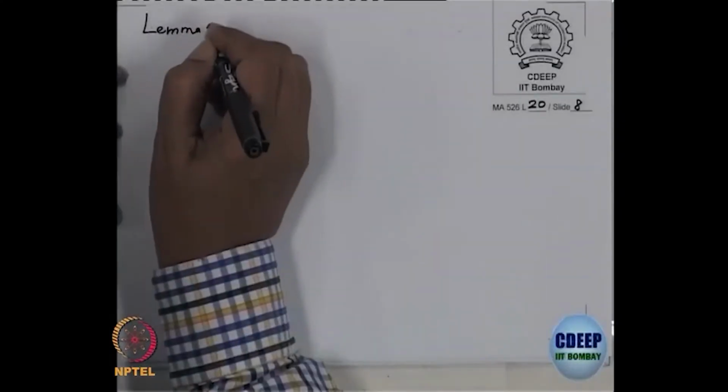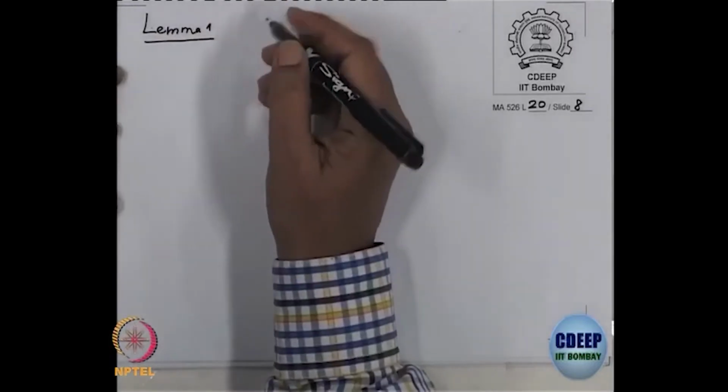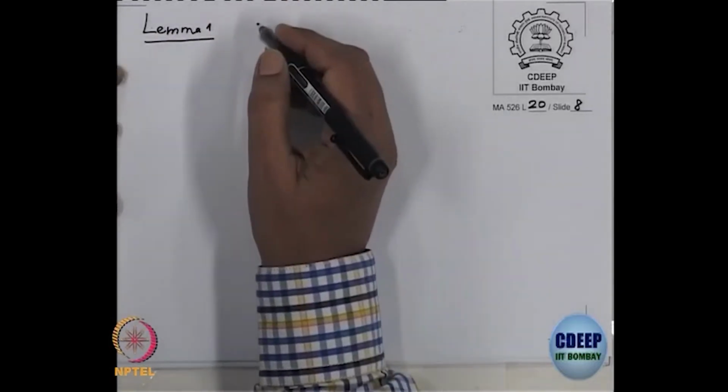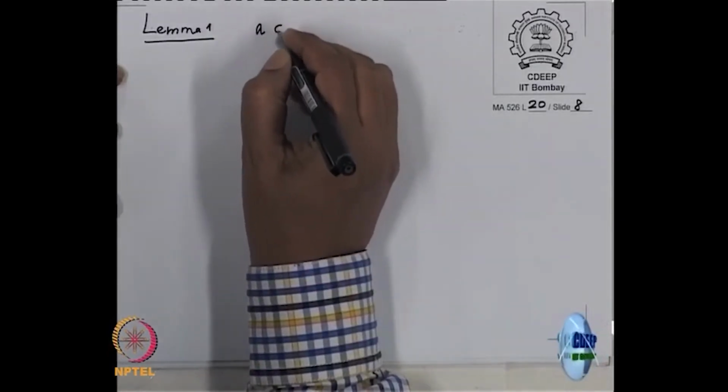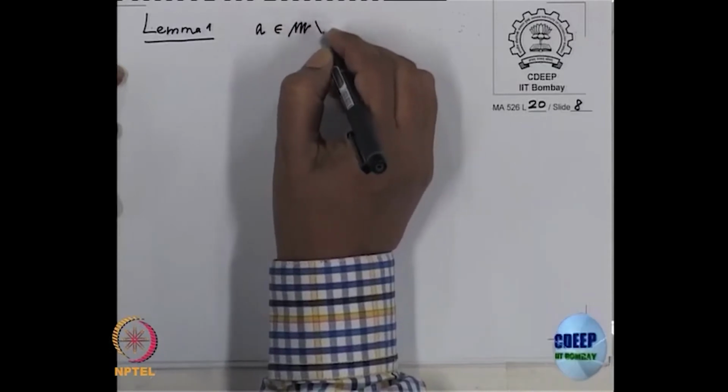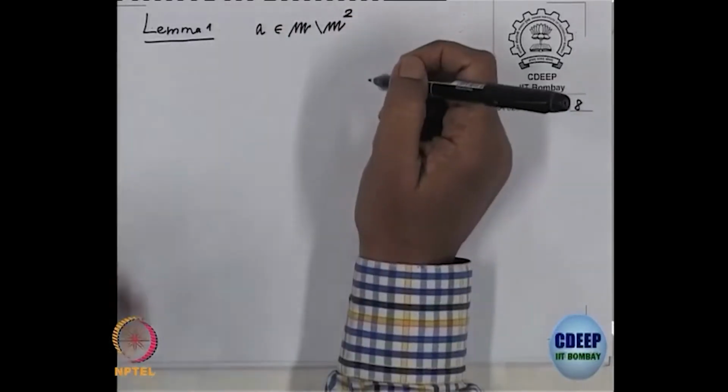Okay, so everything we want to do is for the residue field: projective resolution, homological dimension and so on. So I am writing a couple of lemmas preparing this theorem. Lemma 1: our local ring is fixed. Suppose I have an element a in M minus M squared.